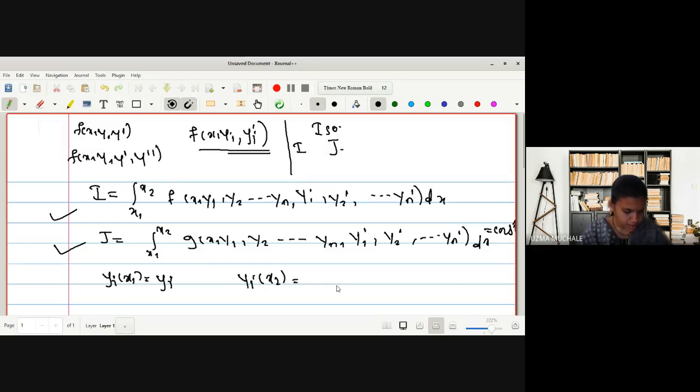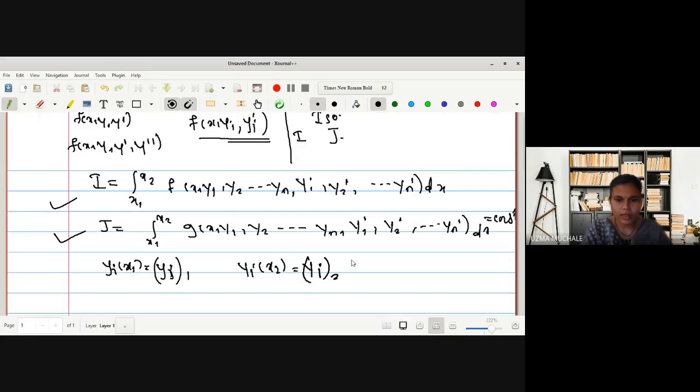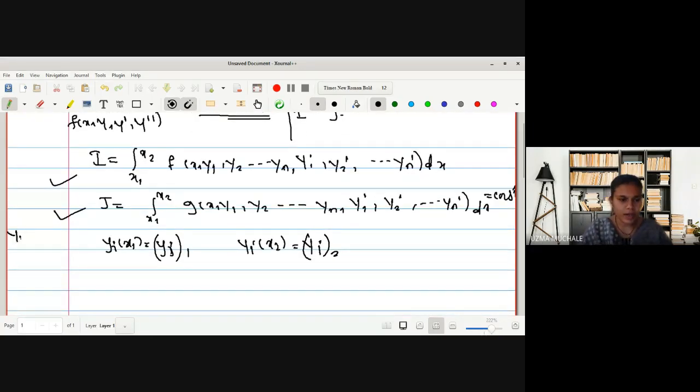that means I have to write it like so: we'll write yi of x1 as yi of 1, and yi of x2 will be yi of 2. Because initially we have simply y of x1 is nothing but y1, and y of x2 is nothing but y2.